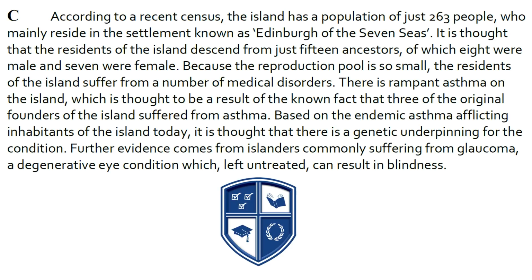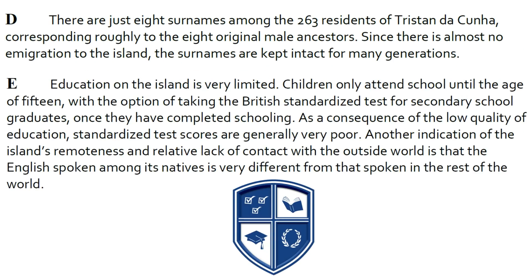Further evidence comes from islanders commonly suffering from glaucoma, a degenerative eye condition which, left untreated, can result in blindness. There are just 8 surnames among the 263 residents of Tristan da Cunha, corresponding roughly to the 8 original male ancestors. Since there is almost no immigration to the island, the surnames are kept intact for many generations.